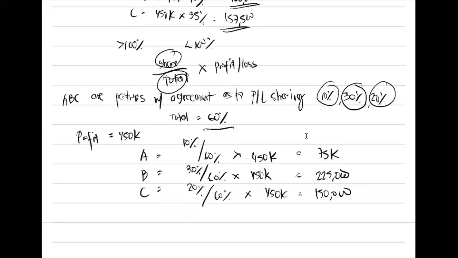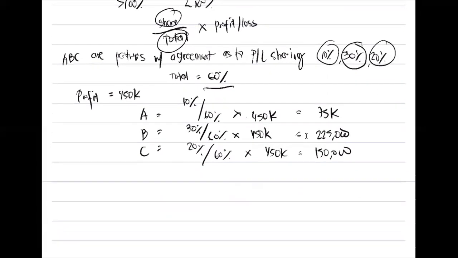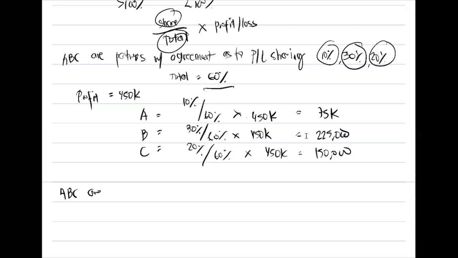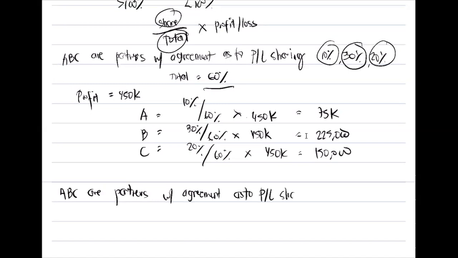That's the amount of our sharing. Okay? So in case, guys, that it is not 100%, it is more than or less than 100%, you get the share over the total. How about if it's more than naman? A, B, C are partners with agreement as to profit or loss sharing of 70, 30, 50.